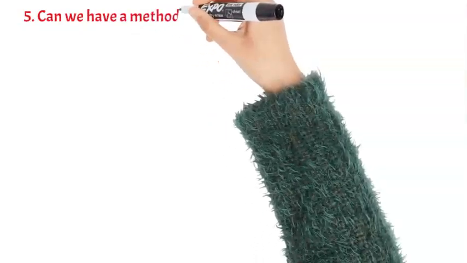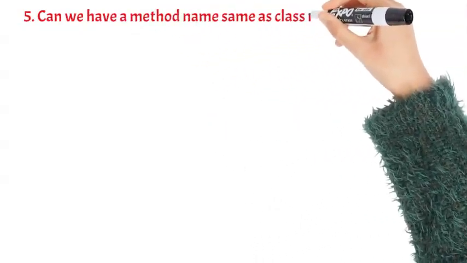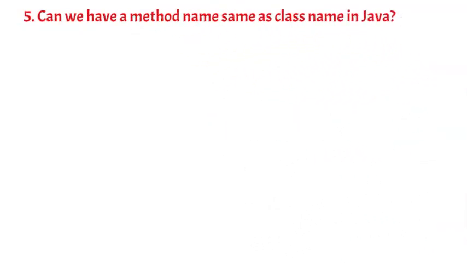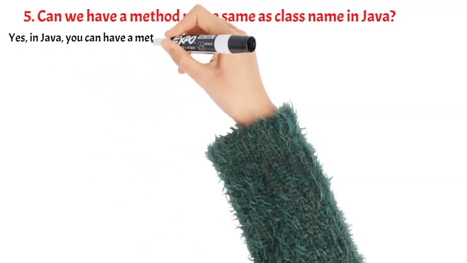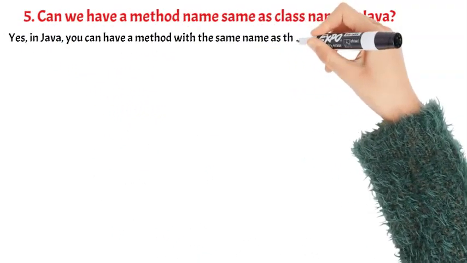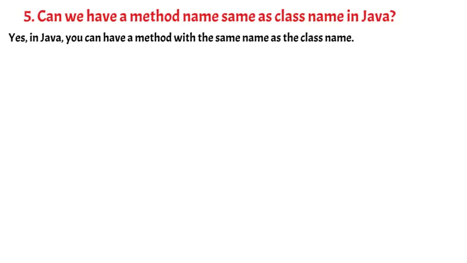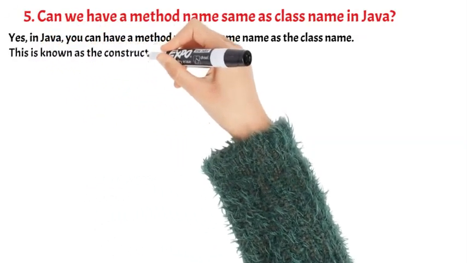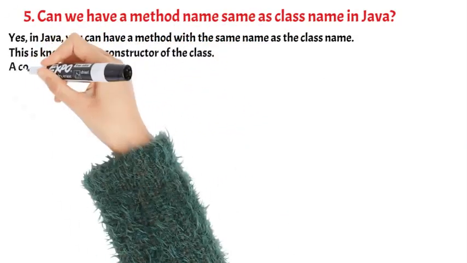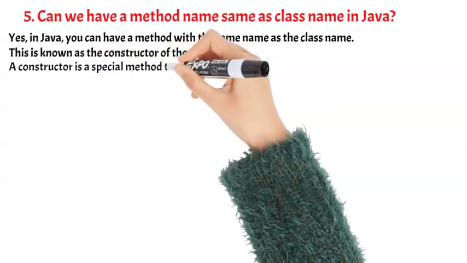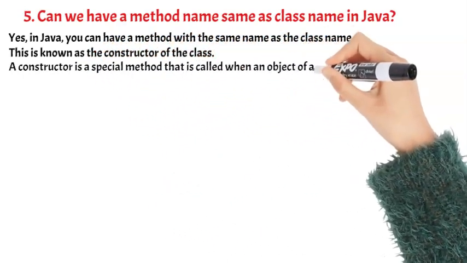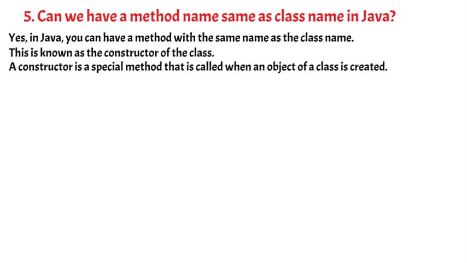5. Can we have a method name same as class name in Java? Yes, in Java, you can have a method with the same name as the class name. This is known as the constructor of the class. A constructor is a special method that is called when an object of a class is created.